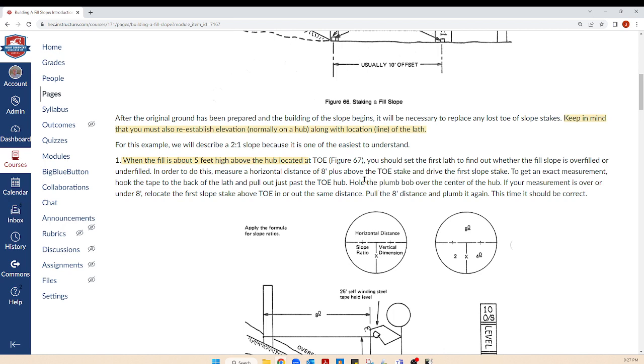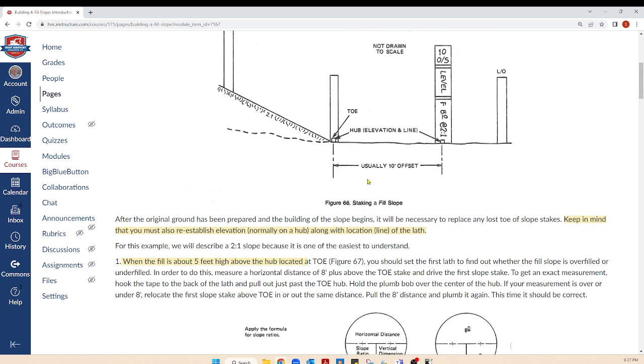Remember that horizontal slope, that first stake's going to be 8 foot away because it's a 2-to-1 slope and we want a 4 foot elevation.